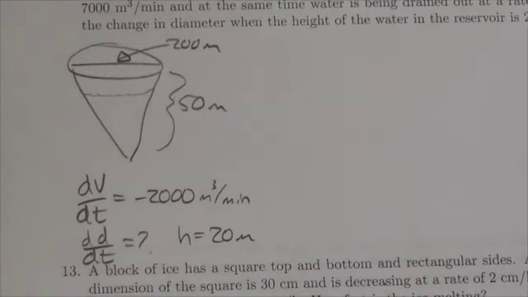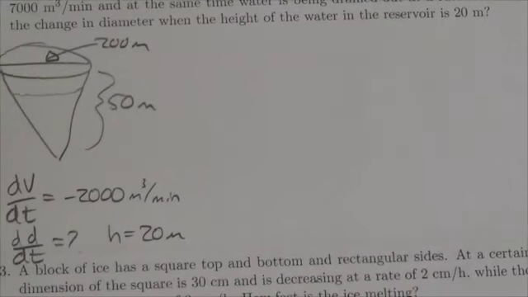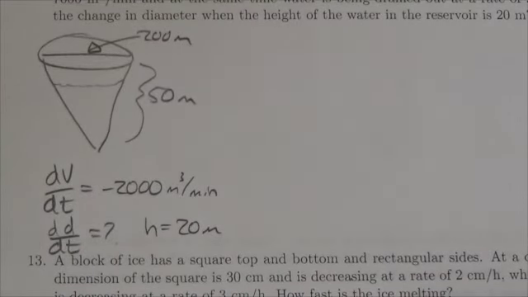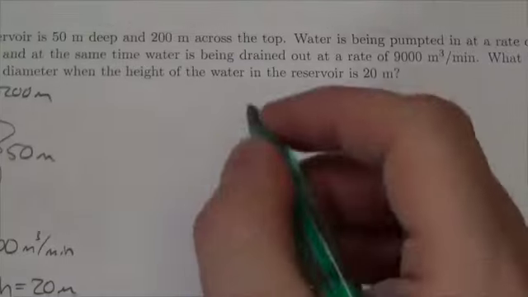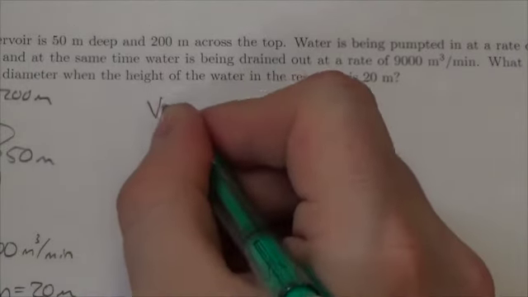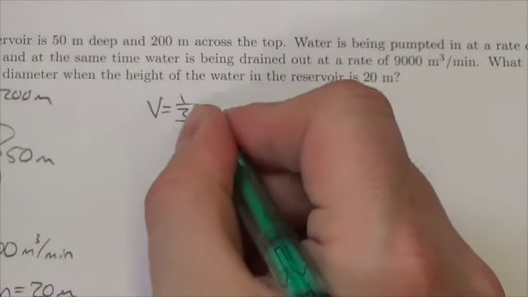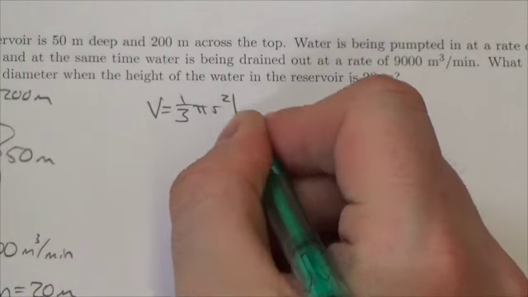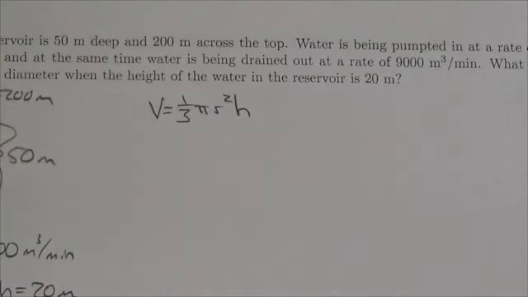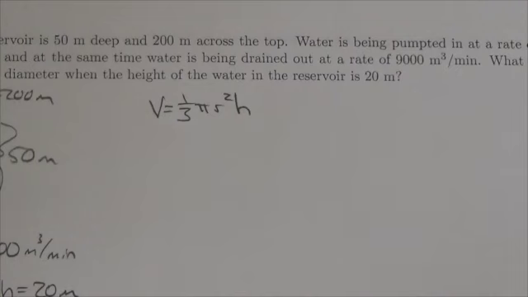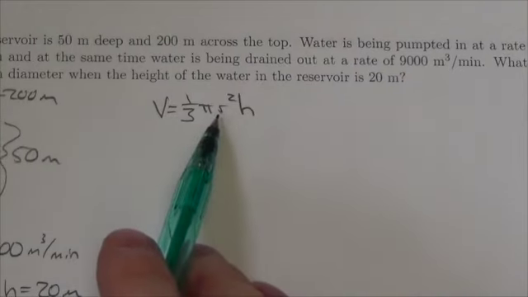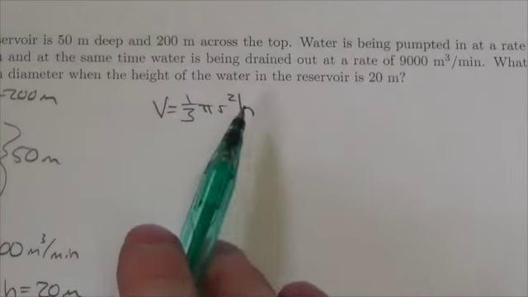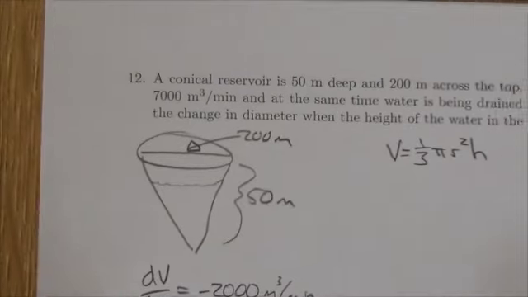What we have to do here is figure out some relationship between volume, height, time, and so on. The volume of a cone is 1/3 pi r squared times the height. Notice that this is in terms of radius. Let's talk about this off to the side for a second.